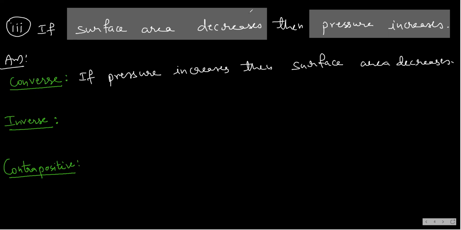The next you have is inverse. In inverse, the given statement is, if surface area decreases, then pressure increases. In inverse, we don't change the role of these two, we only write the negation of these two. So what is negation of surface area decreases?